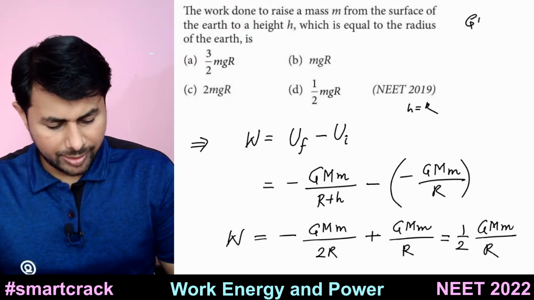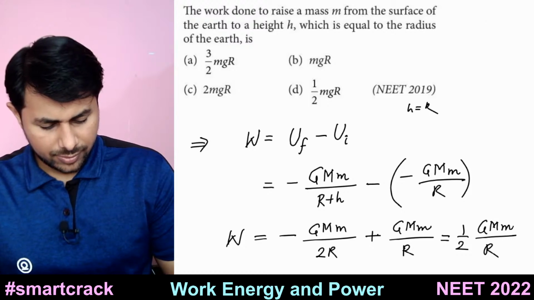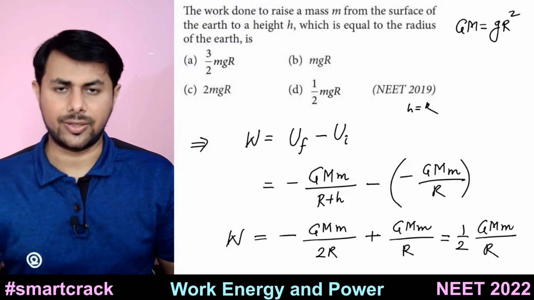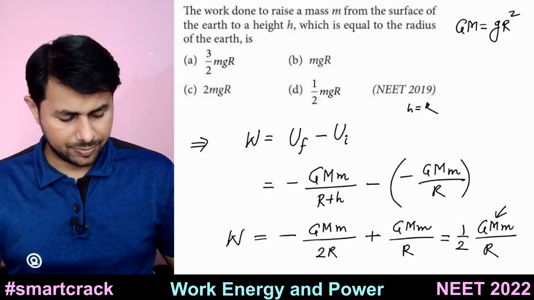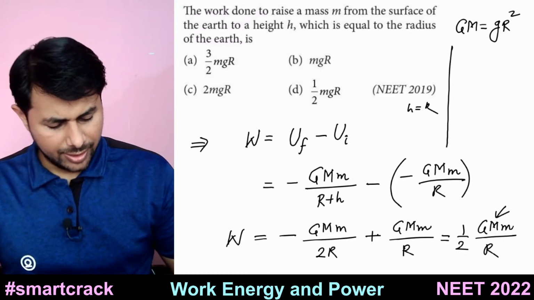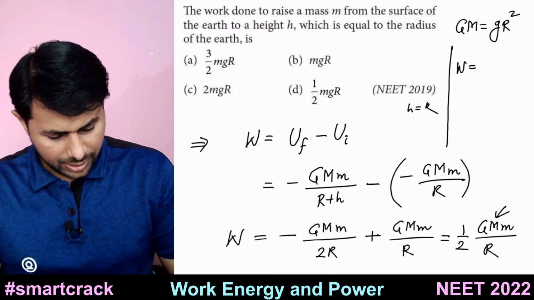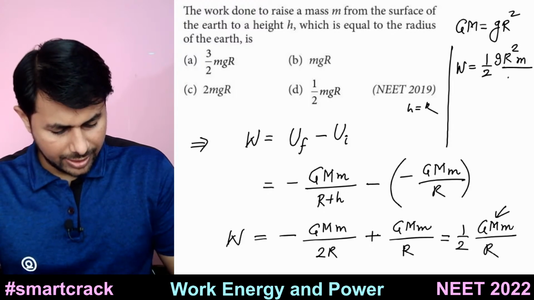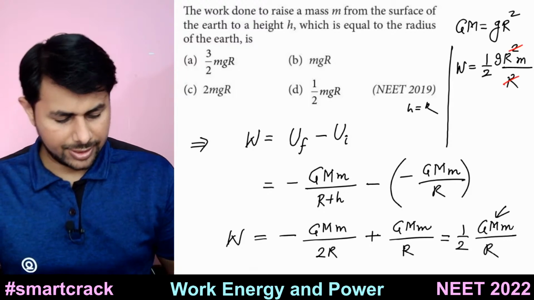So what do we have to memorize? GM equals to what? g times r squared. Okay, so if we substitute that over here, what do we get? It is equal to half of g into r square into small m divided by r, and this r and r gets cancelled.